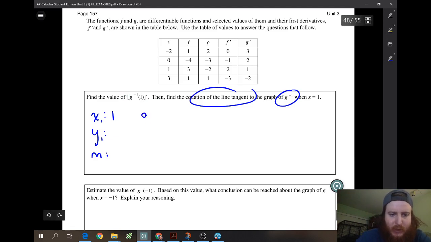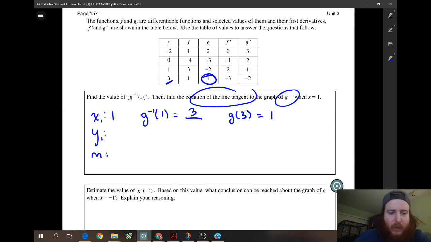Well, what this is basically saying is g negative 1 of 1 is essentially the y value when g of something equaled 1. So what g of something equaled 1? So here's g of 1. G of 3 equaled 1, so that means the inverse of 1 is 3. Okay, so that means our y value is 3.